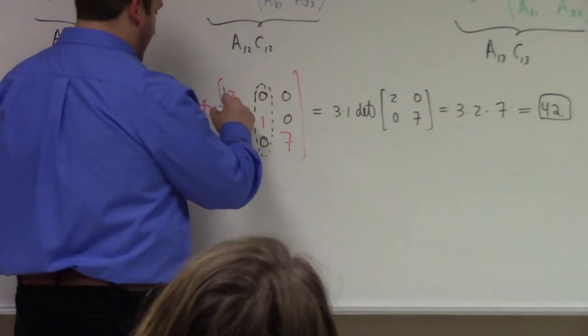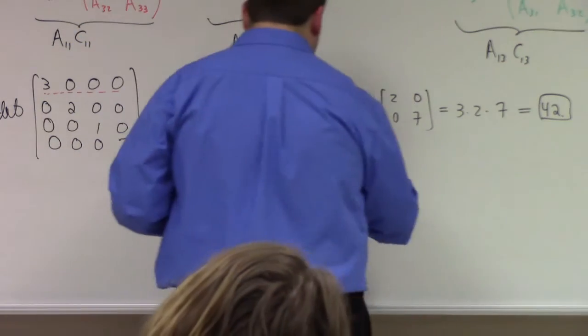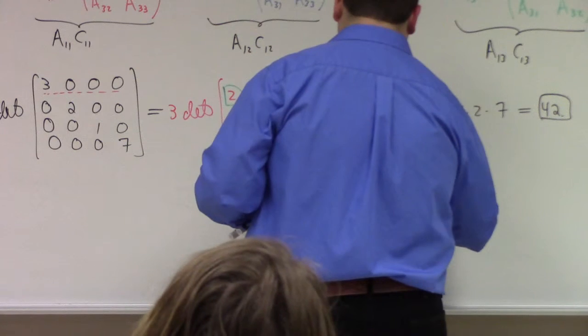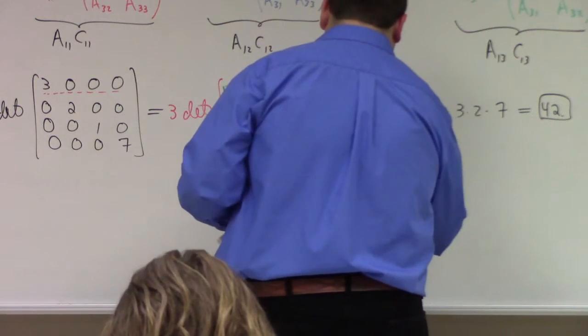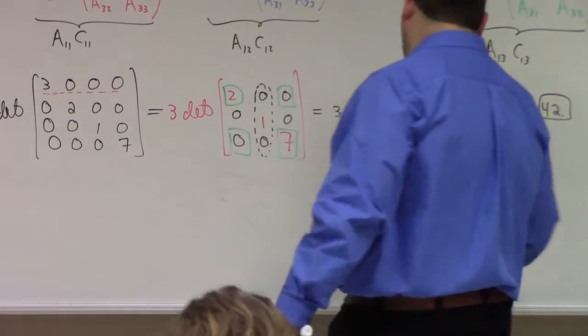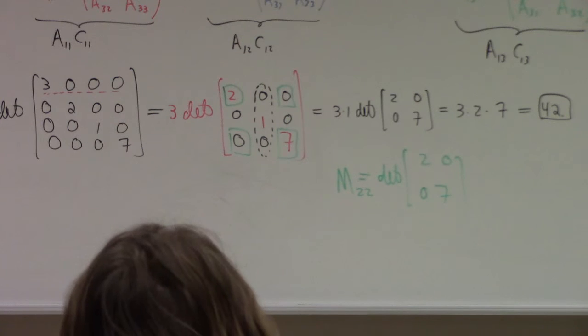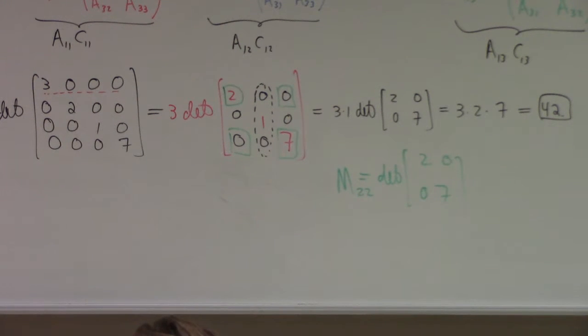Exactly. So I'm this, and that gives me M22 as 2, 0, 0, 7. Not this, though. It's the determinant of that, right? That's the minor. Tell you what, let me do another example.